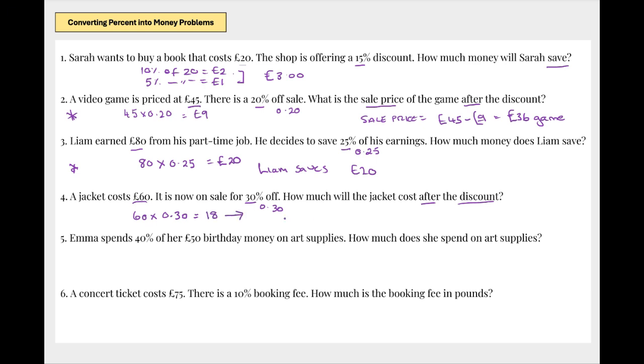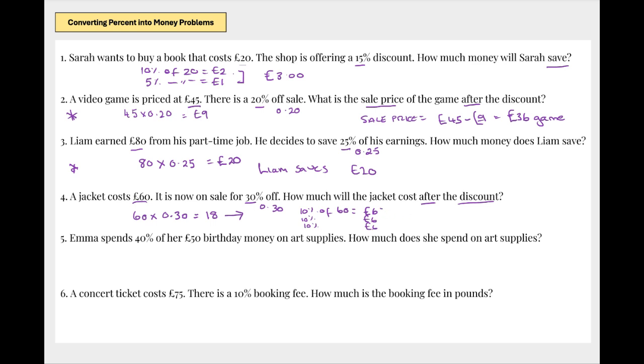I'm going to show you another way actually as well. You can do 10% of 60, which we know is £6. So we can now times our £6 by 3, because obviously 10% is £6 and three lots of 10% equals 30%.